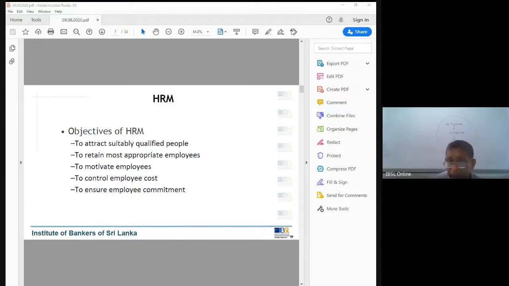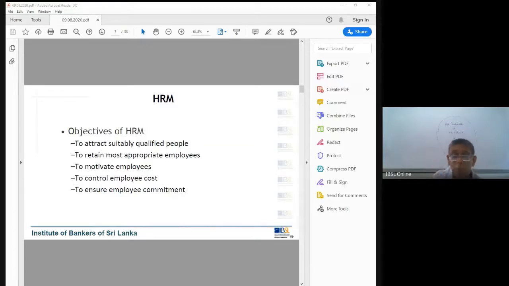While you are working, you need to behave in a proper manner. If you do not come to work according to your time frame, or you do not behave in the organization, the management will take action against you. That is what you call discipline administration in HR.